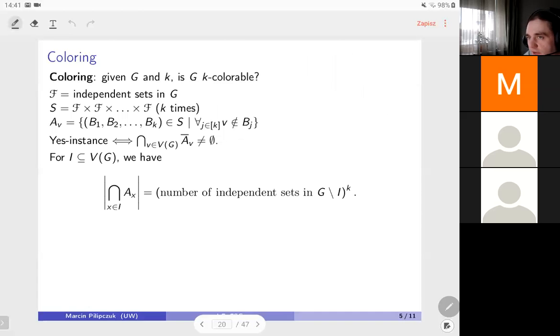Now let's look at the right-hand side of the inclusion-exclusion.